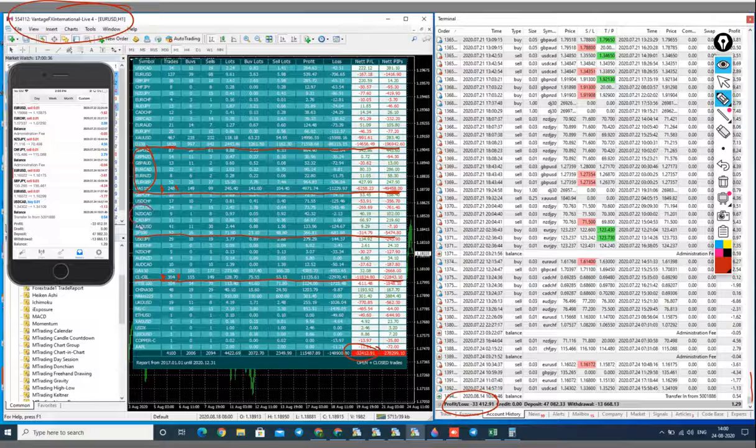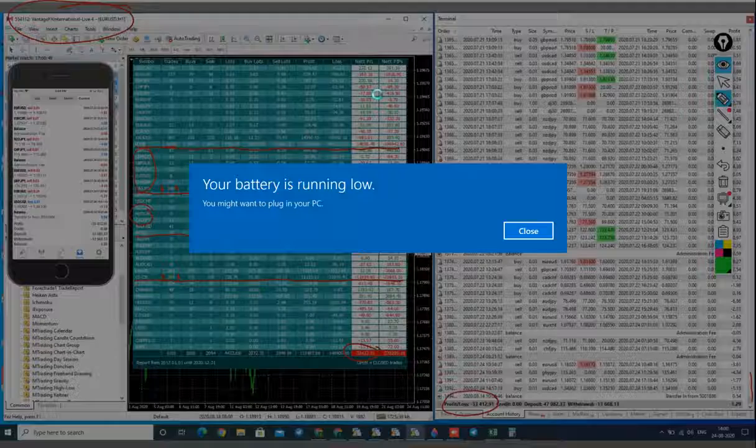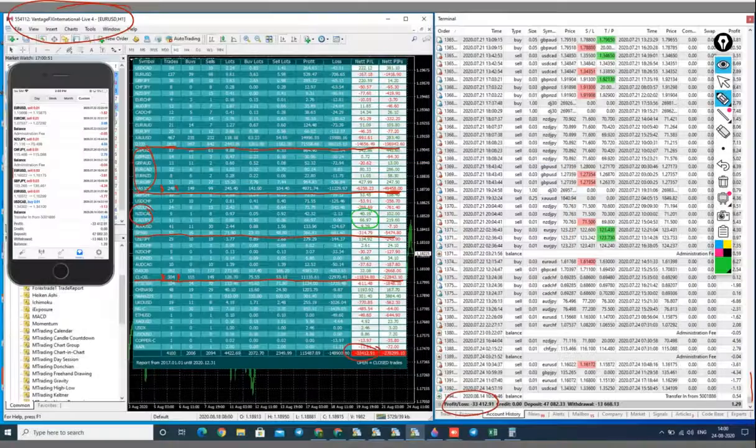So if he had continued this day trading style, he could have made a very good profit and avoided the losses. Again you can see GBP JPY in profit, and XAUUSD has many trades, 467 trades.